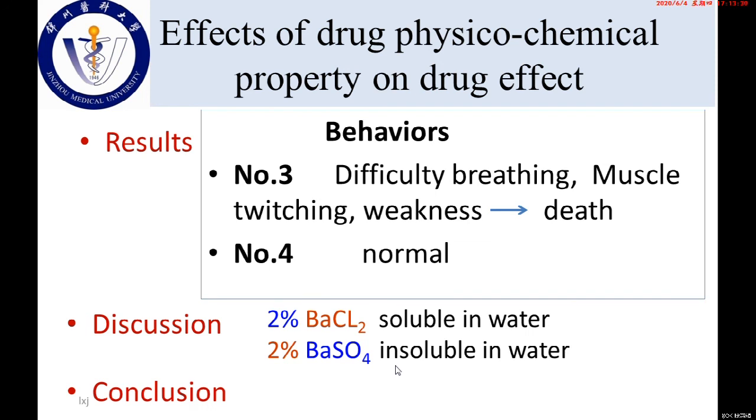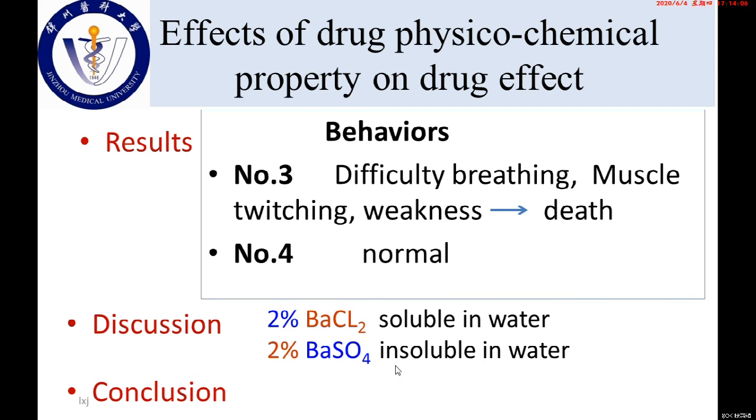Because barium sulfate is insoluble in water. Do you still remember? Most drugs undergo transmembrane transport by simple diffusion. This barium sulfate is not dissolved in water, so it has no ability to dissolve in the body liquid.